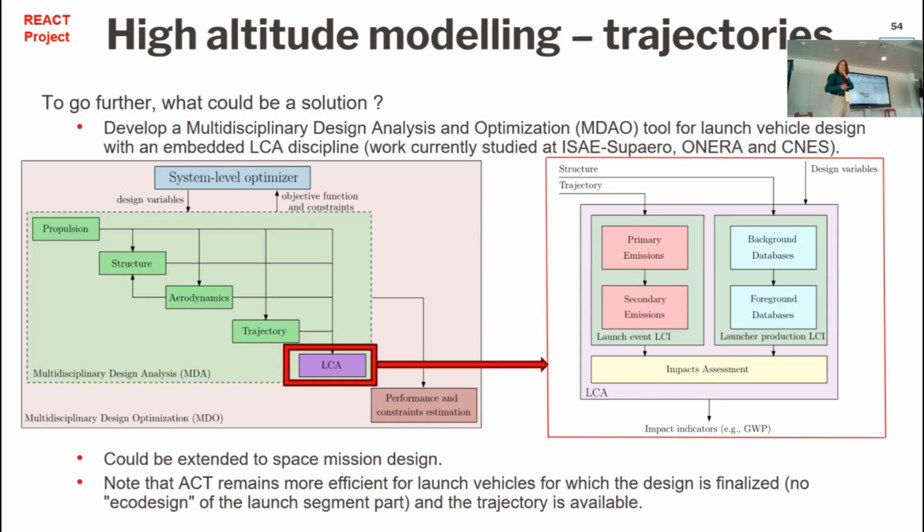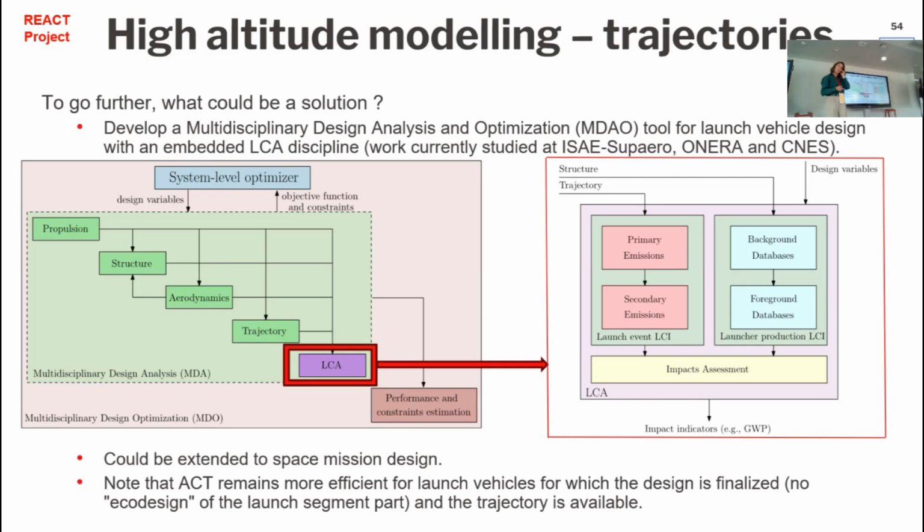But the idea should be then inside these disciplines, depending on all the inputs you have from the other disciplines. So for example, the propellant mass that you will have optimized before in the trajectory, or the pressure chamber that we will have chosen, the mixture ratio that you would have optimized in the propulsion discipline. Then you have this simplified LCA in which in one part you try to estimate the launch emissions you will have.